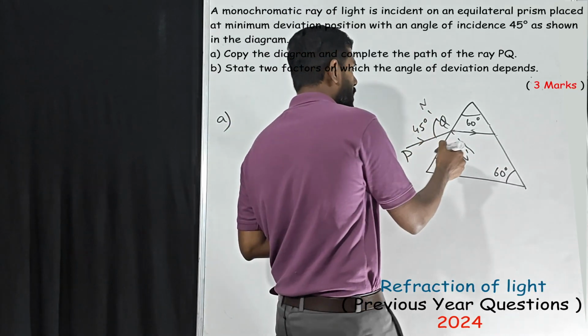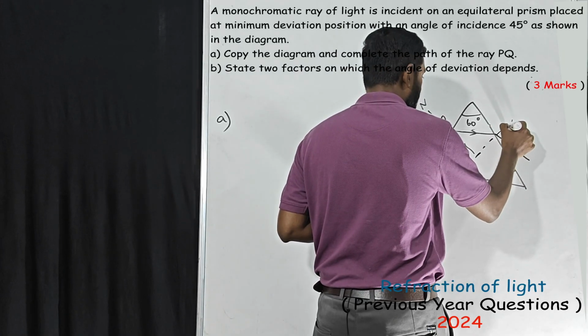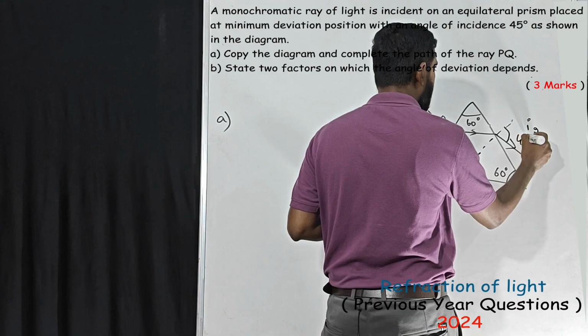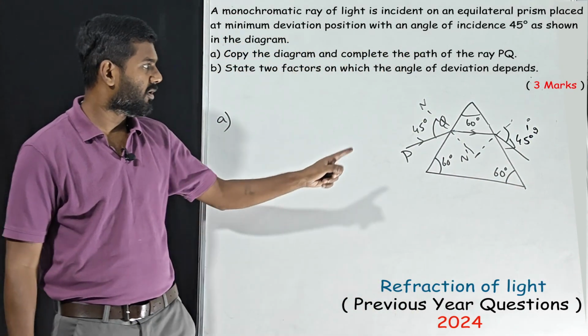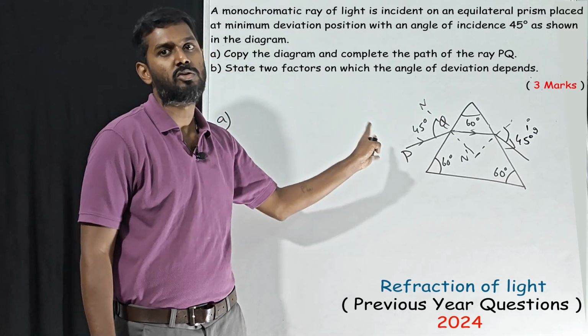Now we have to complete it. This will be the emergent ray, and this will be i2, which is 45 degrees. Do you think that if you don't write 45 degrees, you will get full marks? No. Why?